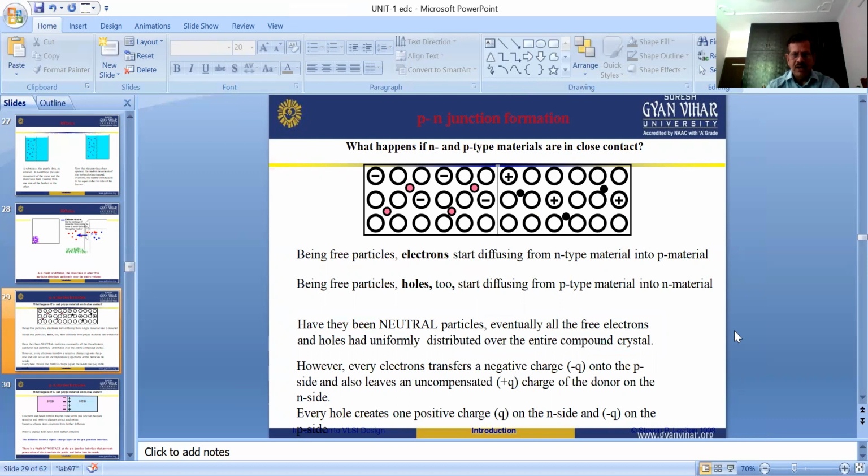Had they been neutral particles, eventually all the free electrons and holes would have been uniformly distributed over the entire compound crystal. However, every electron transfers a negative charge, minus q, onto the p side, meaning the p-type semiconductor, and also leaves an uncompensated plus q charge of the donor on the n side, meaning the n-type semiconductor side.